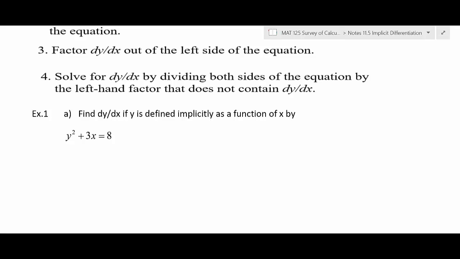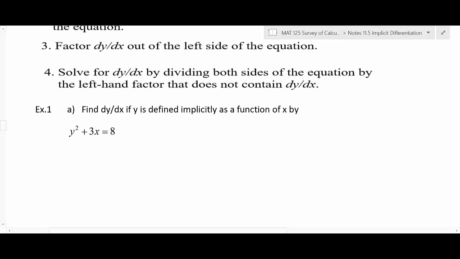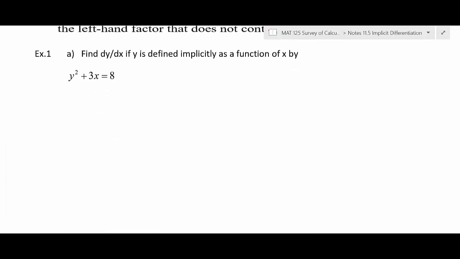So sometimes I might have you solve for y and do a derivative. This problem right here is just as easy to do implicitly, okay? So here's how you do this. This is the way you need to start. We're going to find dy over dx. So you need to start by doing the derivative of both sides of the equation.